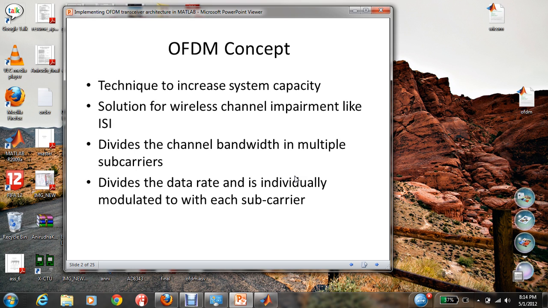How it does this is it divides the data rate of the symbol, and it also divides the entire bandwidth of the channel into a number of subcarriers. It individually modulates the reduced data rate onto the individual subcarriers, and then it is transmitted over the channel. That's the important part of the OFDM concept: it divides the entire bandwidth of the channel into several subcarriers.